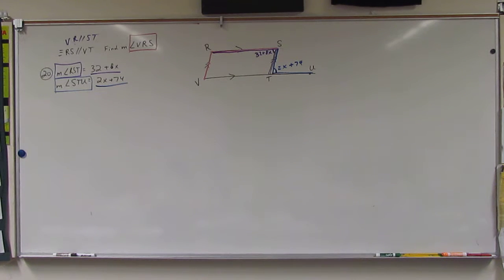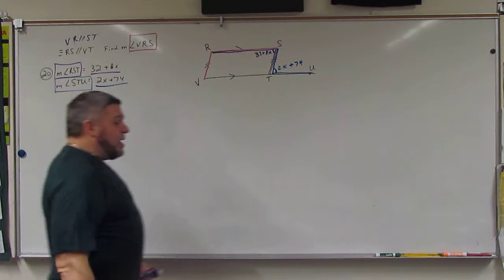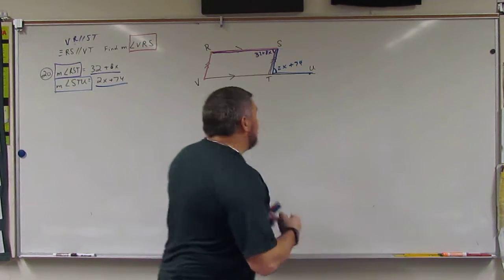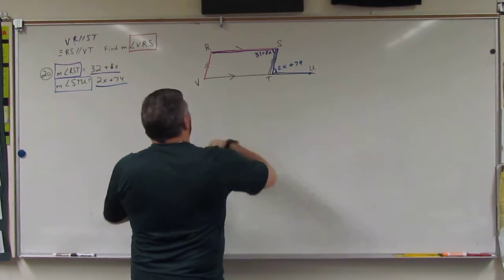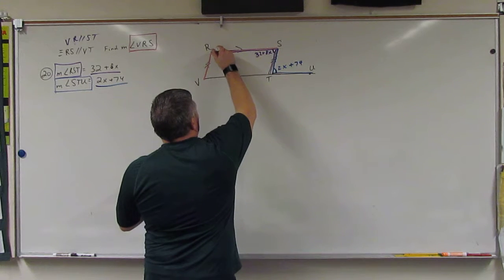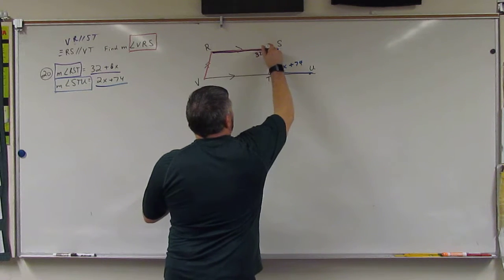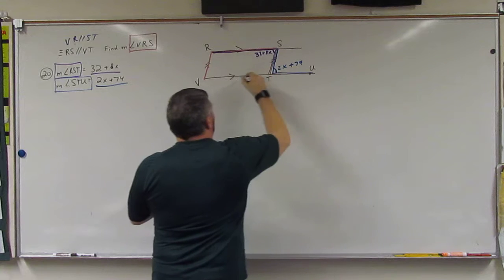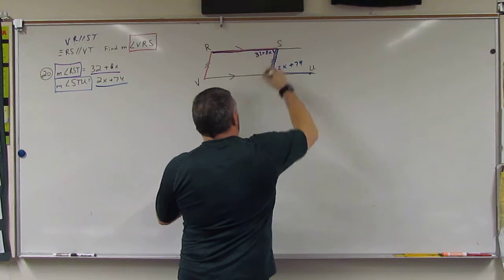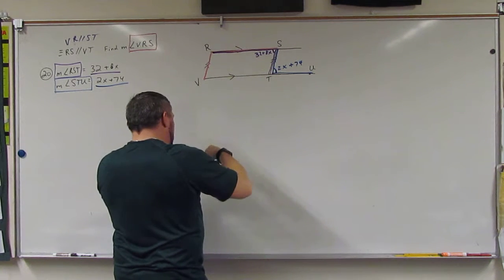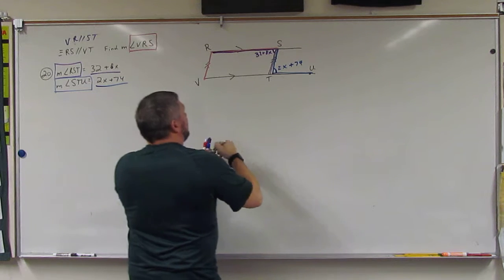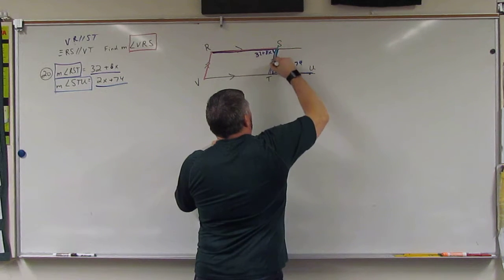So the first thing we got to do is figure out what's going on. And if we take a look, we have two parallel lines, right? This one. This one. And then we have a transversal, right? This guy right here.